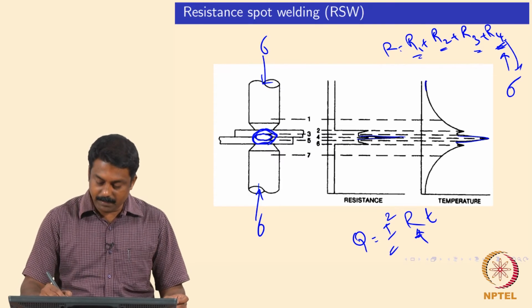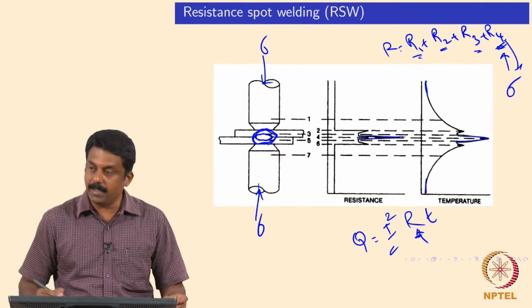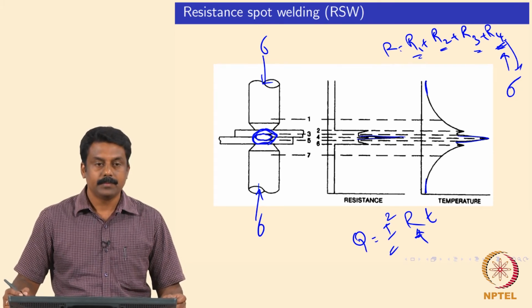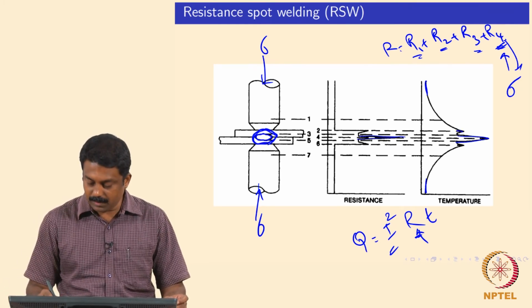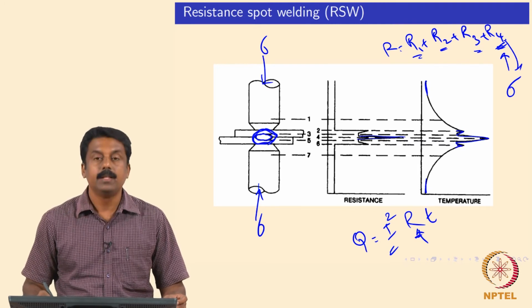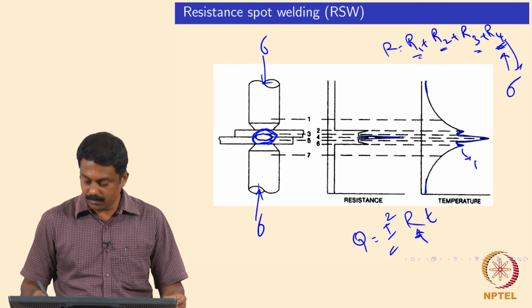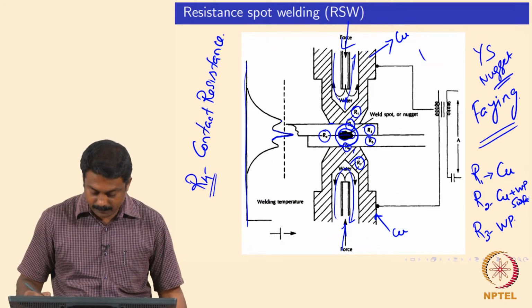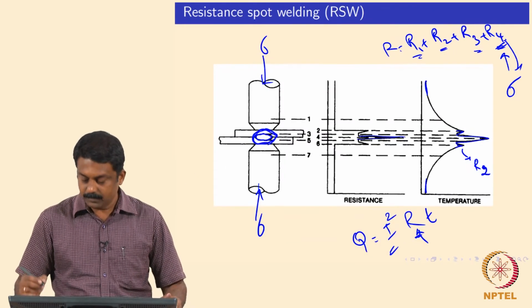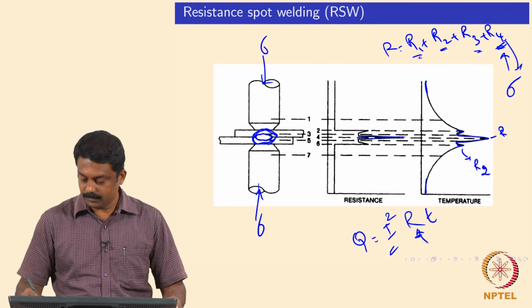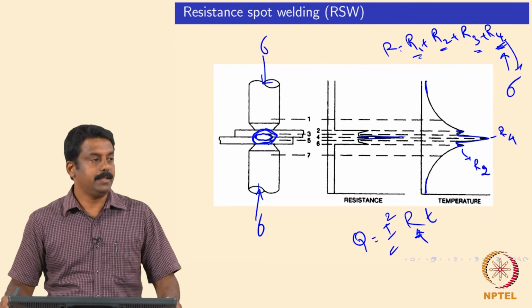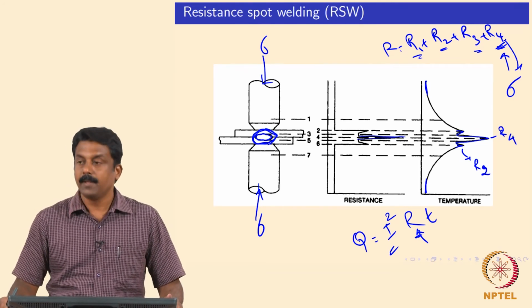You have minimum heating because you have a minimum resistance for the flow of current, and you also have a small variation in the temperature, and this is due to your R2, and this is R4.